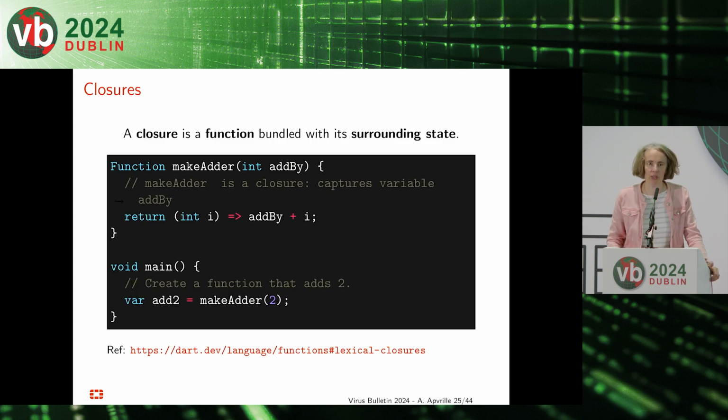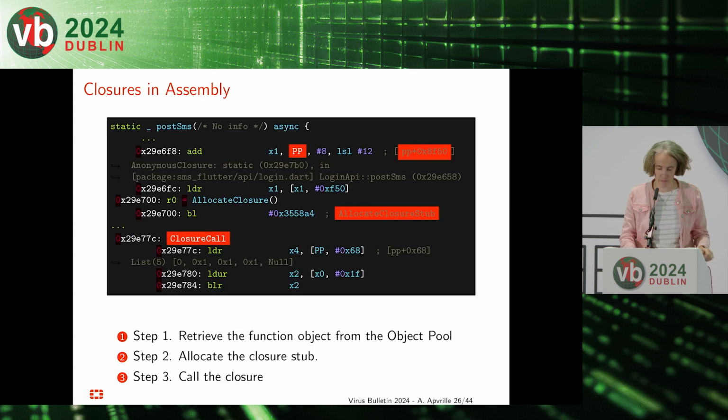Another thing which is important if you are reversing Flutter malware is closures. There was a mention of closures also in the talk about Rust. So a closure is basically a function where you can also capture some surrounding state, a variable or something like that. It's present in Dart and in some other languages.